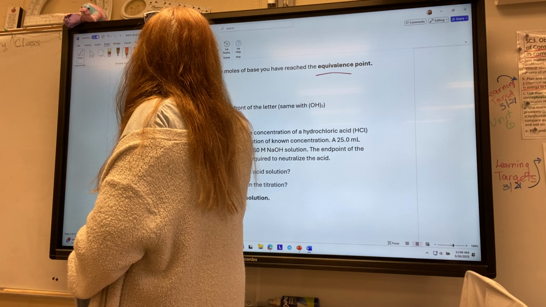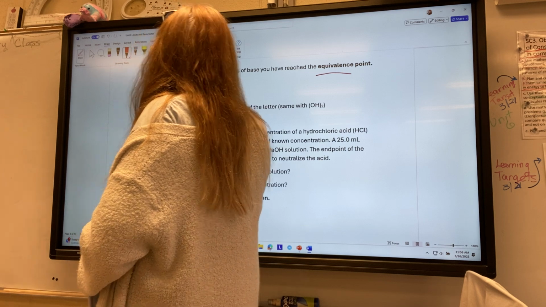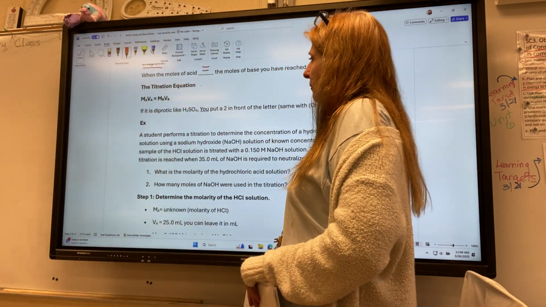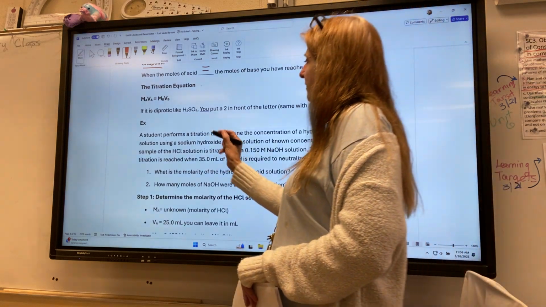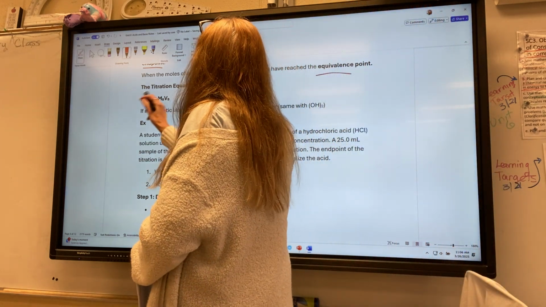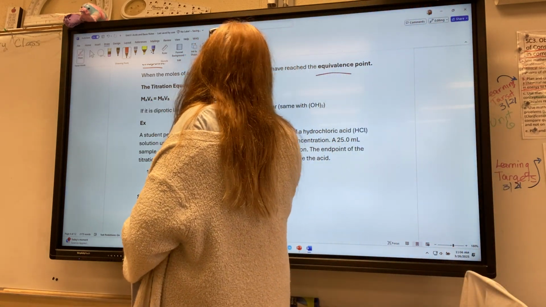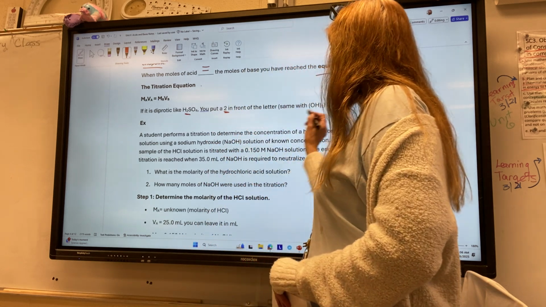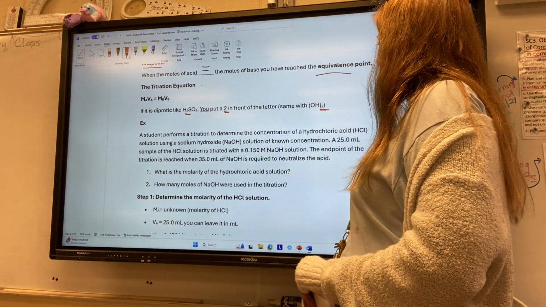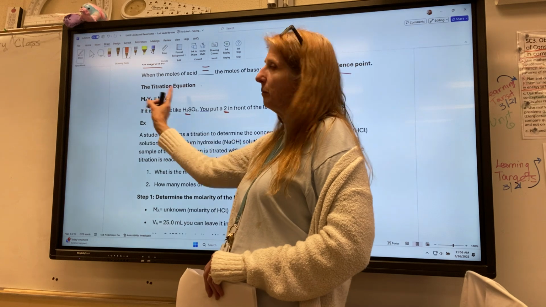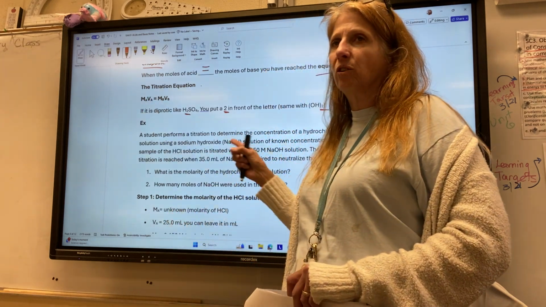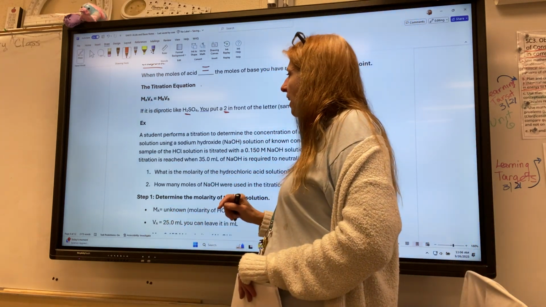Molarity times volume of your acid equals molarity times volume of base at your equivalence point. Now, if it is diprotic, before you do this equation, you have to multiply it by 2. Same if it's like OH, you might have to multiply by 2. So sometimes this equation has a 2 in it. I think this equation is on your AP reference sheet.